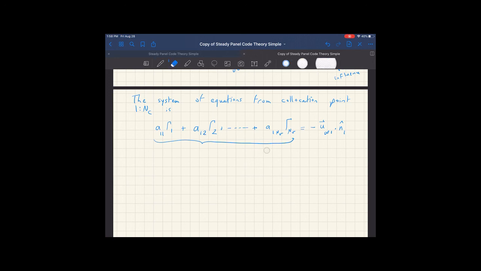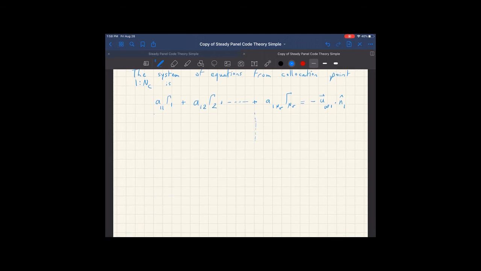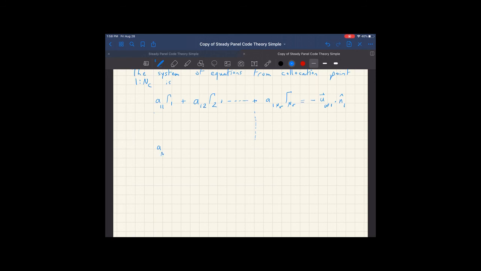And then let me erase that. And then you do the same thing for each collocation point, and thus you will end up with NC1 plus ANC2. I forgot to put the gammas here, so let me track back.